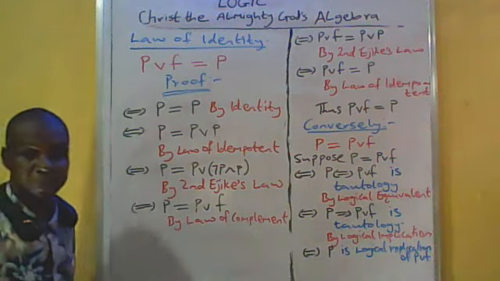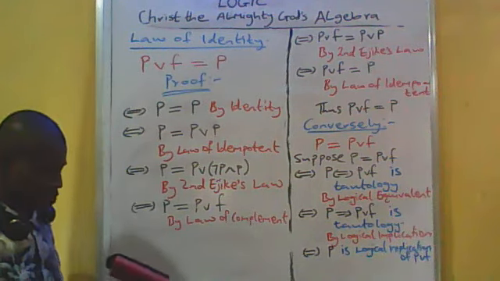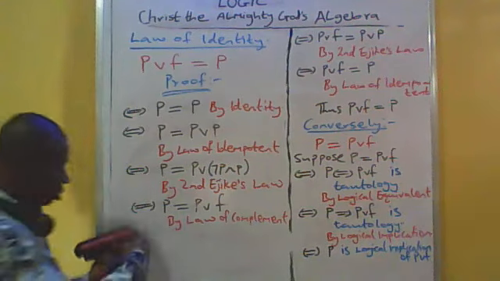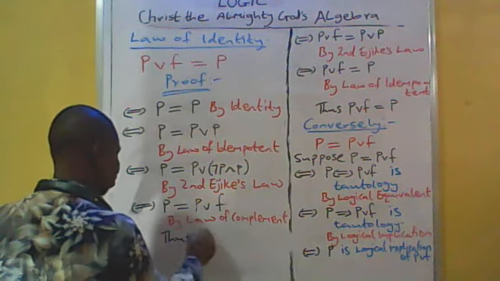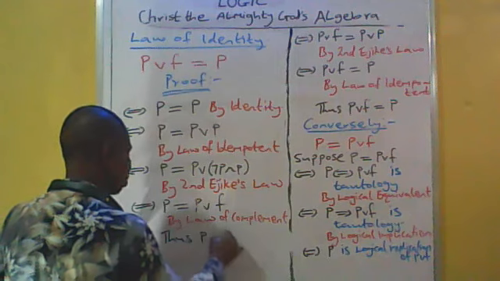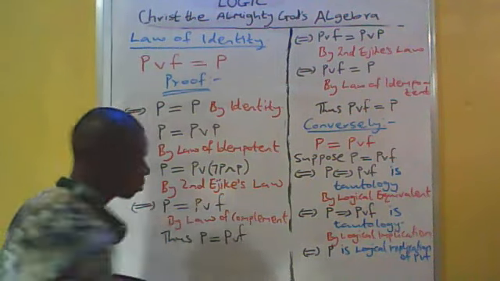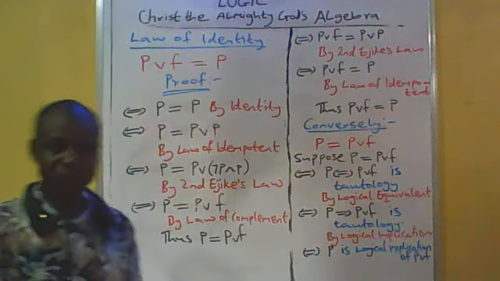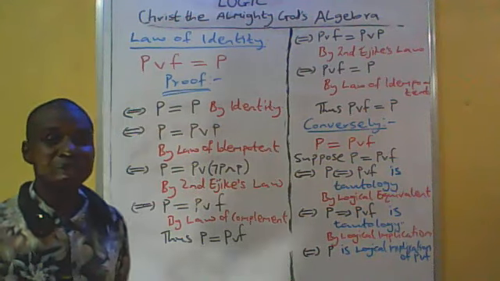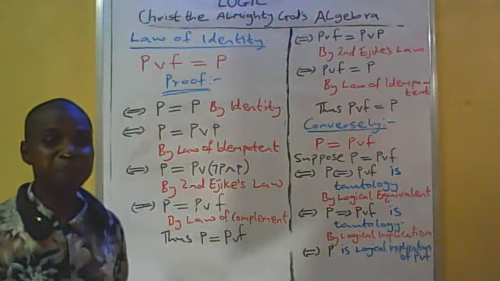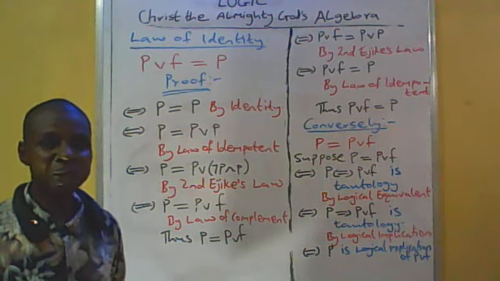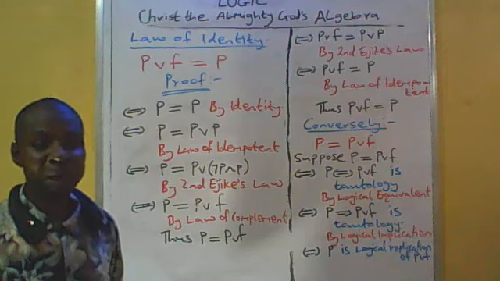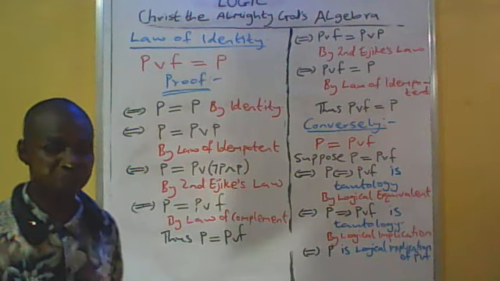Having proved the converse, we then conclude, say thus: P is equal to P or F. Having proved the converse by the principle of essentiality, we then establish that P or F is equal to P is law of identity by disjunctive statement.